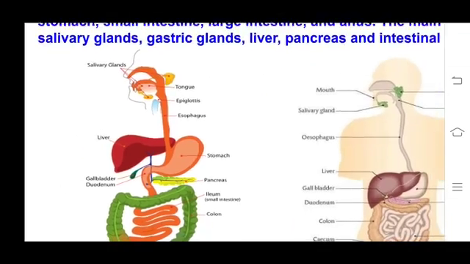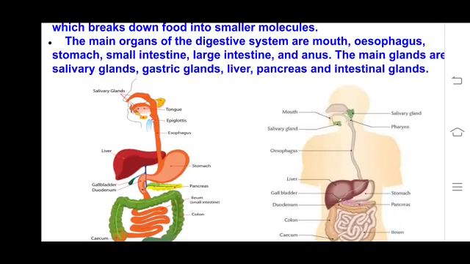It starts with the mouth. The main organs of the digestive system are the mouth, then we have the buccal cavity or oral cavity that leads to the pharynx, which is a common passage of air and food. Then the esophagus, which is a tube.